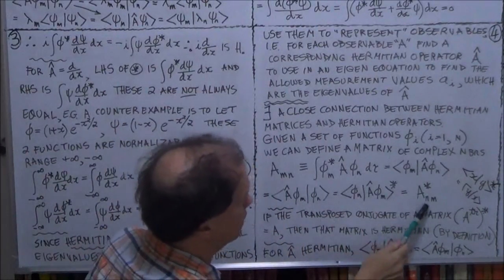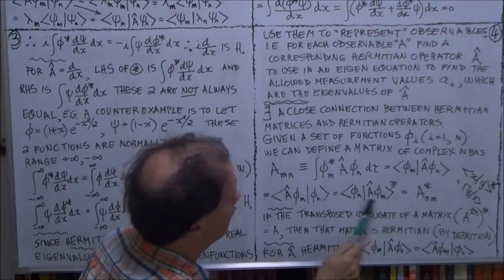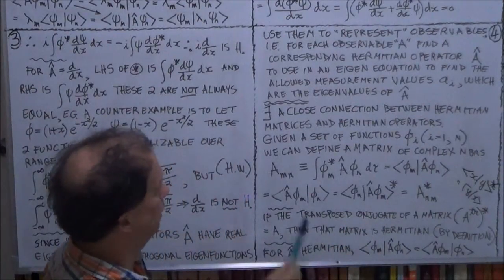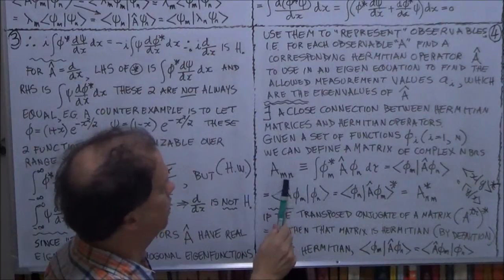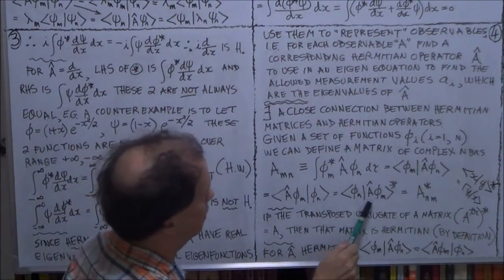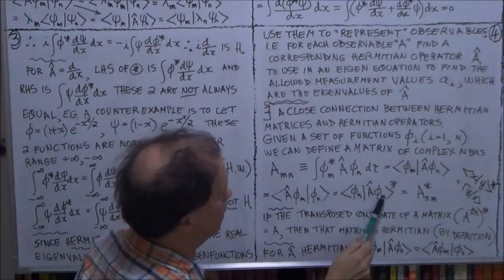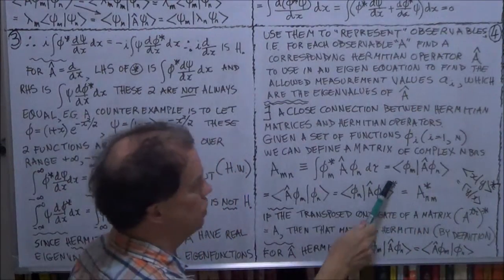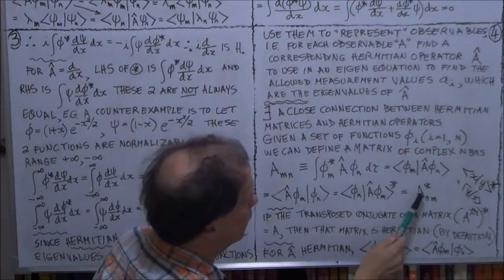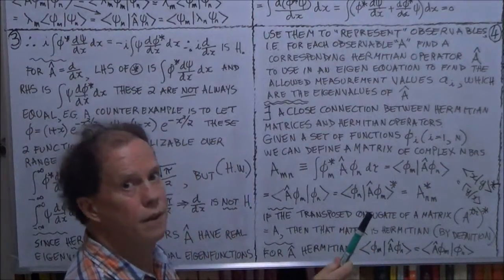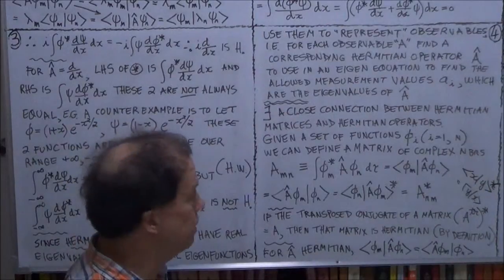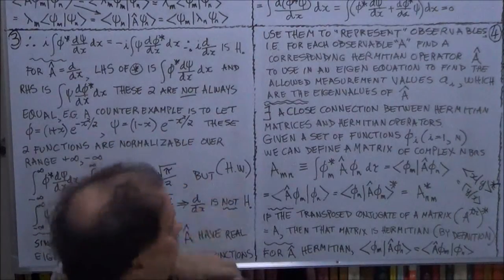This is just A of nm. If you swap the m's and n's around, you get this, but conjugated, so it's just A nm star. Follow that reasoning.